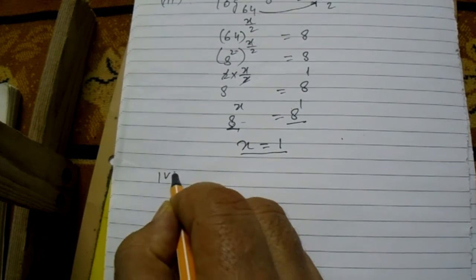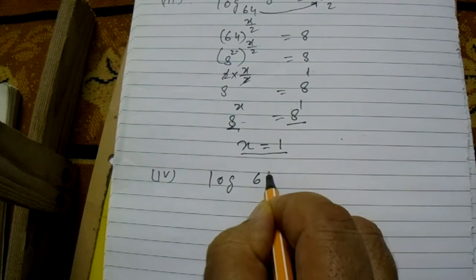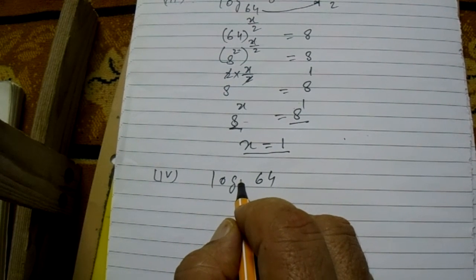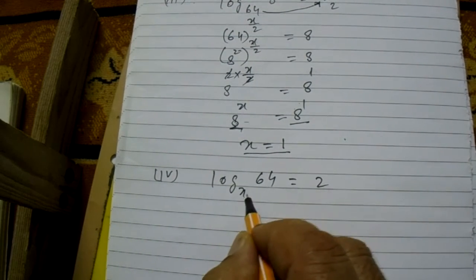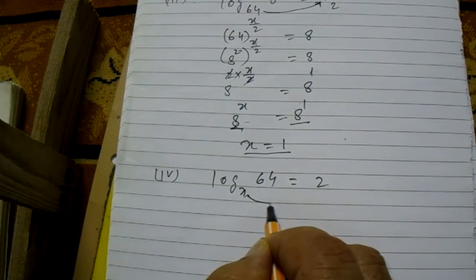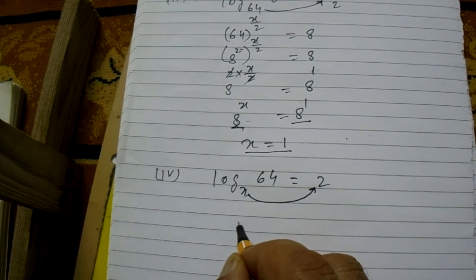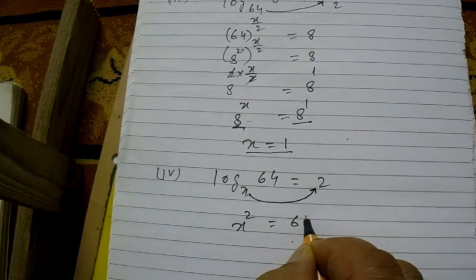Now fourth part of this question is log 64 to the base x is equal to 2. Now this is our base x, this will become the power. You write in exponential form x power 2 is equal to 64.